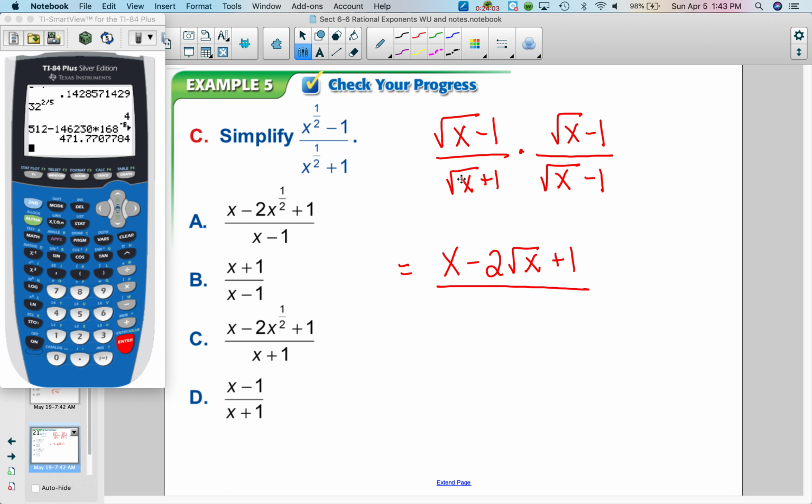If you FOIL the denominator, you're going to get x minus 1. That would be fine to leave your answer, but notice that they have switched it. So the one that matches is choice A.